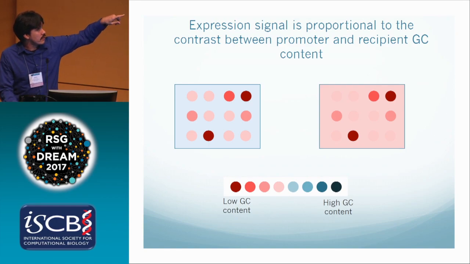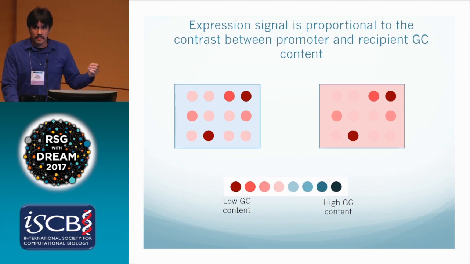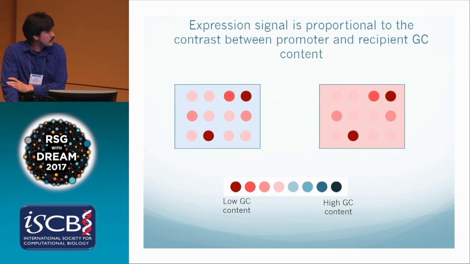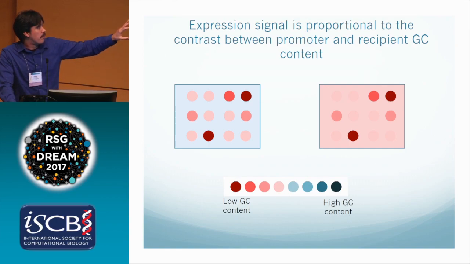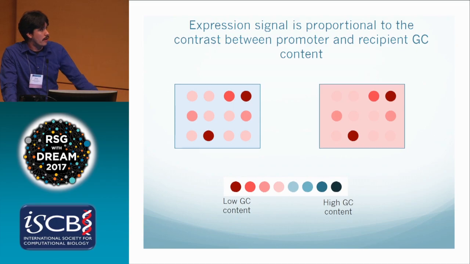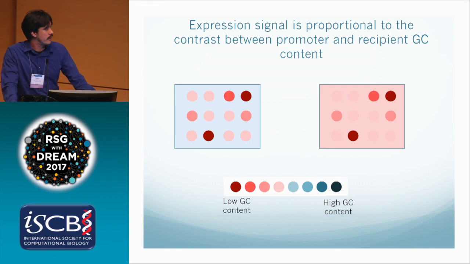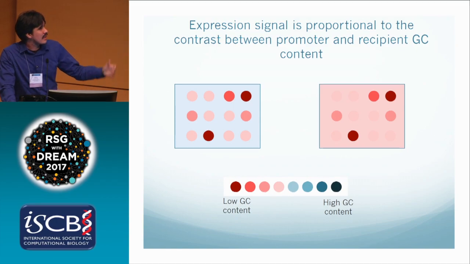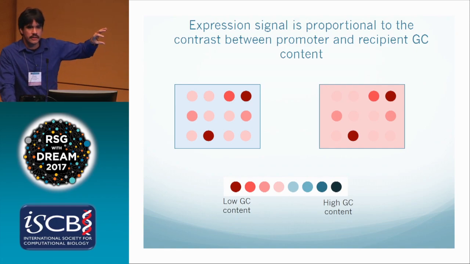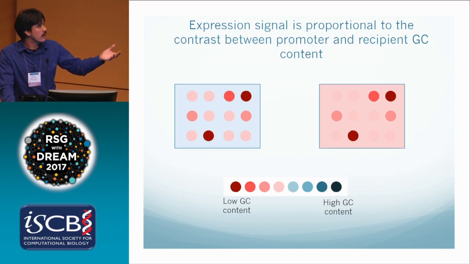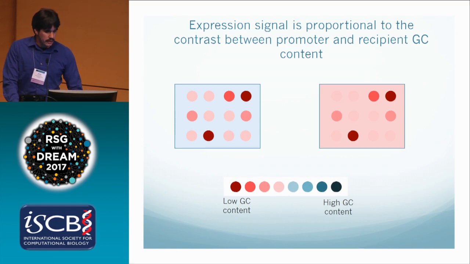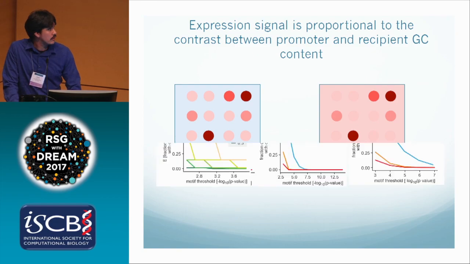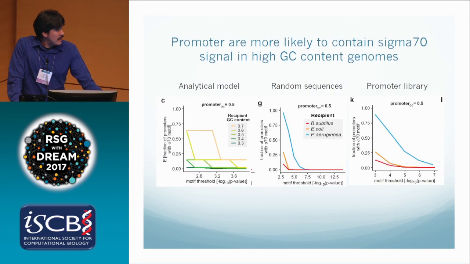You have the circles, which represent different AT richness of the promoter, and the background of the genome, blue for the high GC genome and more reddish for the low GC content genome. And as is clear in this figure, it's much easier to see the promoters and the signal in a genome with a high GC content background. So that's what we hypothesized was happening in the cell, and that's actually what we ended up finding.